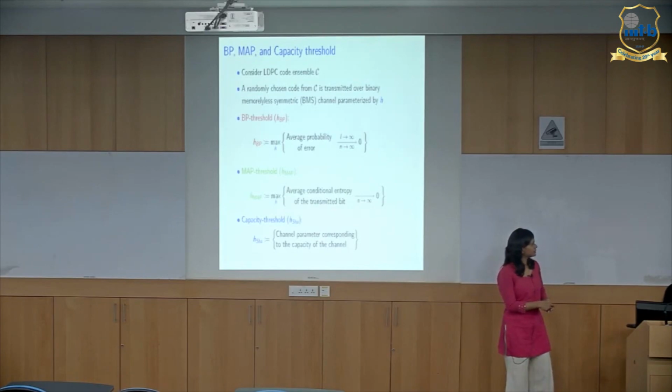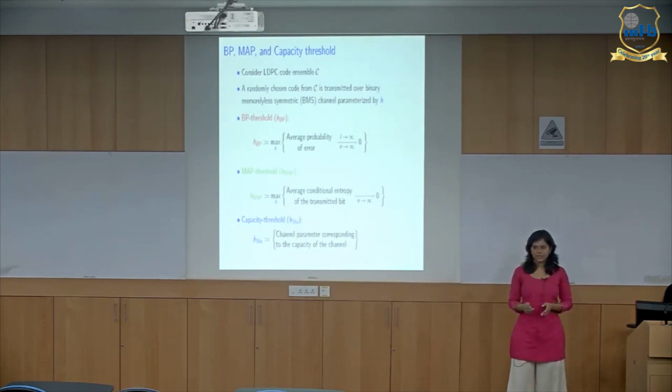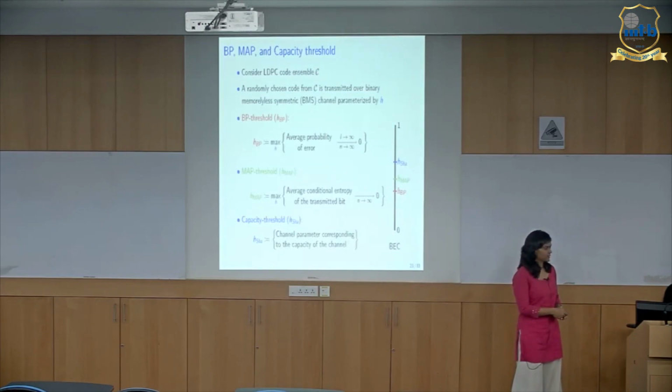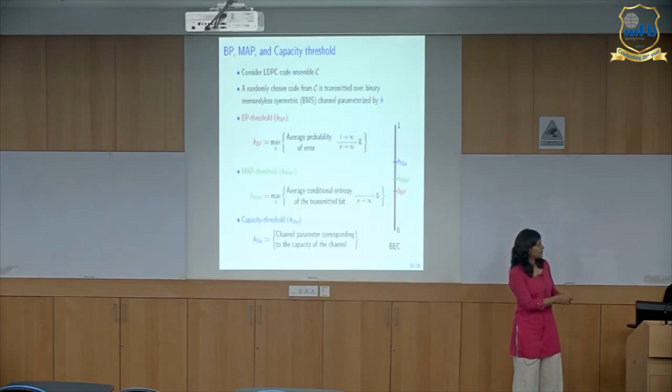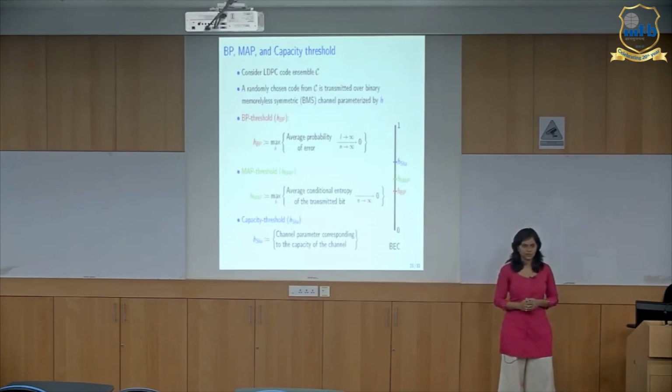This is nothing but the channel parameter that corresponds to the capacity of the channel. Now, let me show how these quantities are related through an example. Suppose we have a binary erasure channel. Then of course the channel's capacity parameter will be at the topmost point, and the MAP threshold will be less than the capacity threshold, and the BP threshold will be less than the MAP threshold.